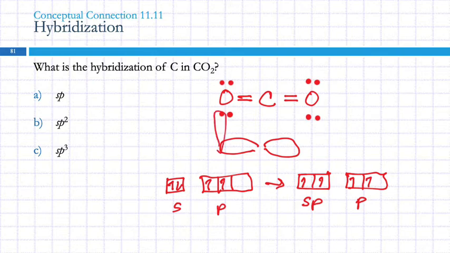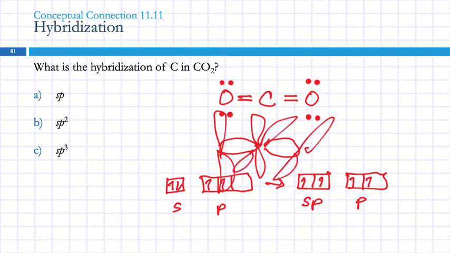And then we're going to have this messy business with the second, I'm sorry, that was wrong. The carbon has a p orbital that it can overlap with this one, and then this p orbital is going to overlap with the other oxygen. And that just looks like I was scribbling. The answer is SP.